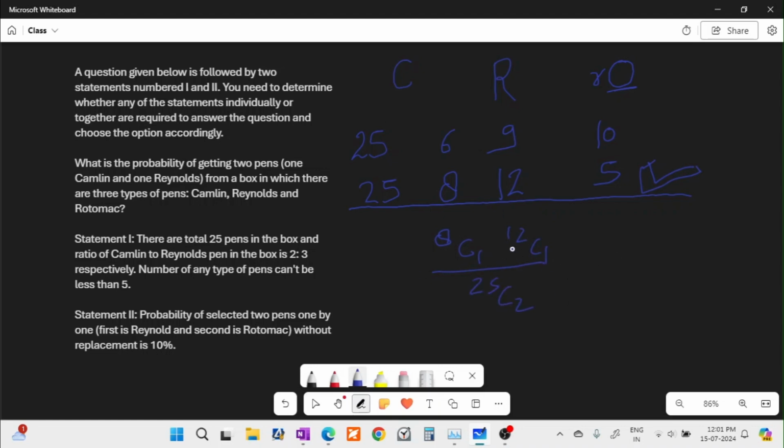This will give the probability. Here we will not divide it by 2 factorial because the sequence is not clearly defined as in statement 2, where first is Reynolds and second is Rotomac. Here the first can be Reynolds or first can be Camlin, both are possible. So we will not divide, because C which represents combination already includes these two situations.